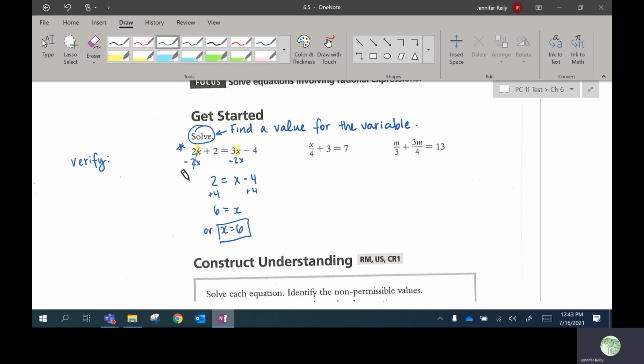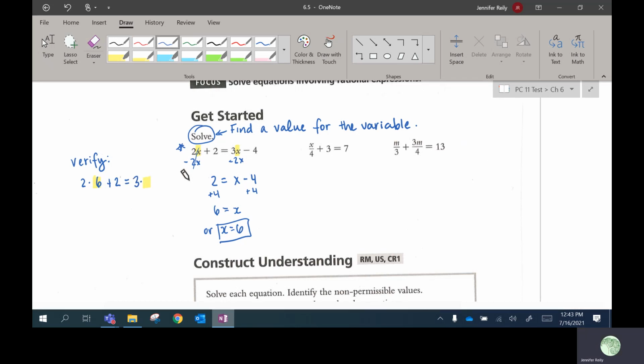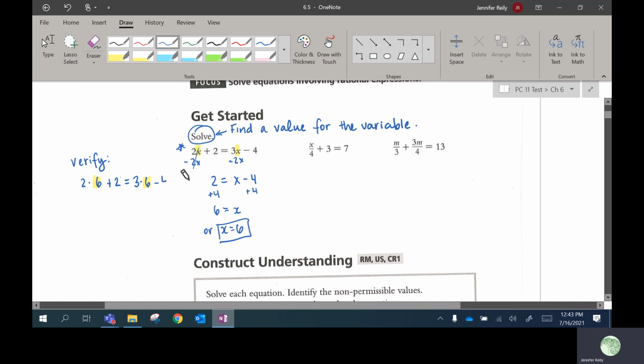So wherever there's an x in the equation, we're going to put a 6 because that's what we think the answer is. So put a 6 here. Minus 4. So this would be 12 plus 2, and this would be 18 minus 4. 12 plus 2 is 14. 18 minus 4 is also 14. Yeah, this equation checks out. It makes sense.